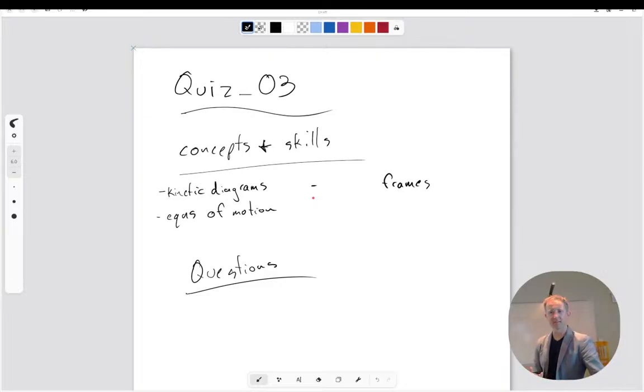Does anyone remember? We definitely talked about frames, but what kind of frame was it? Yeah, our reference frames.